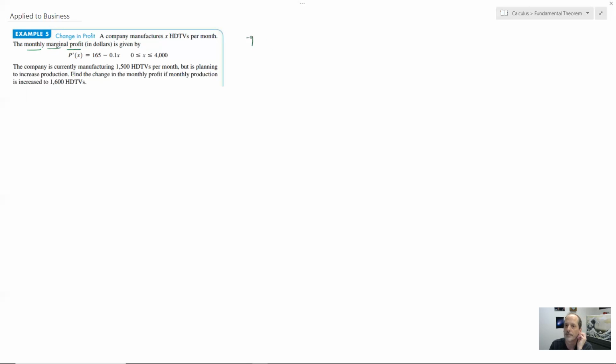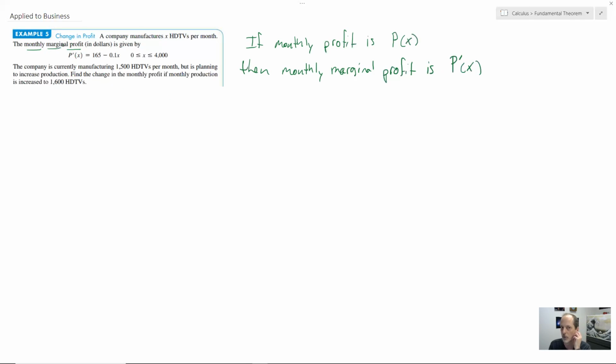And if monthly profit is P of x, then monthly marginal profit is P prime of x. So they know P prime of x, but they don't know P of x.